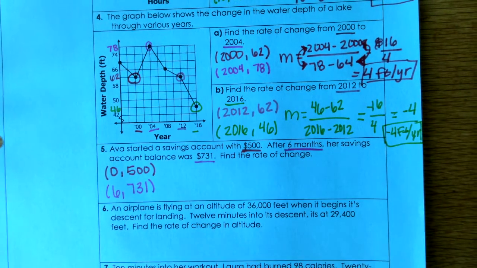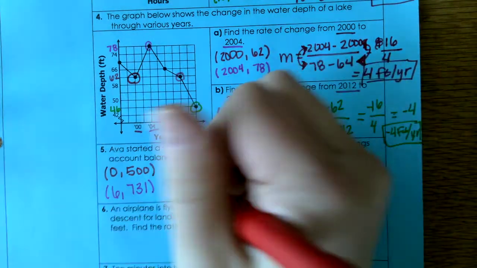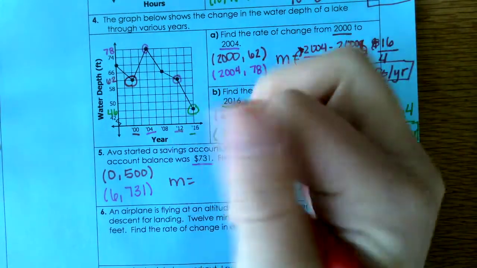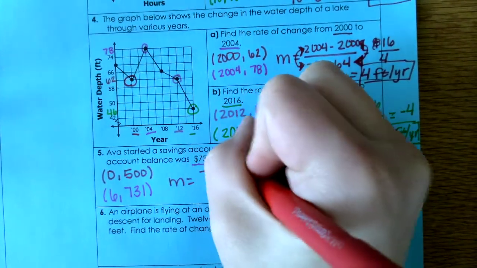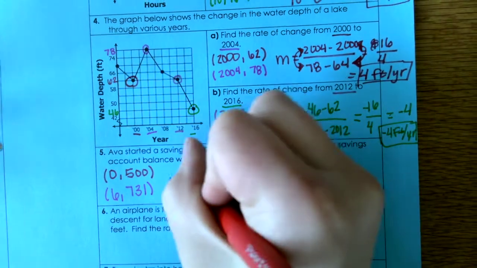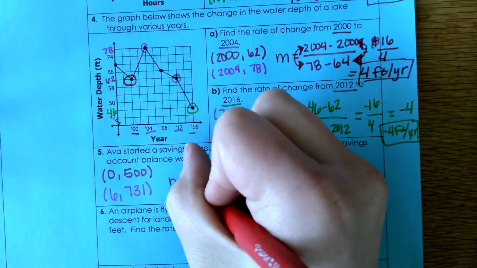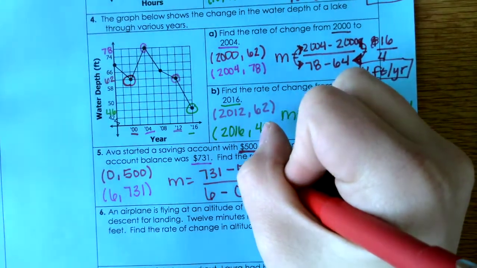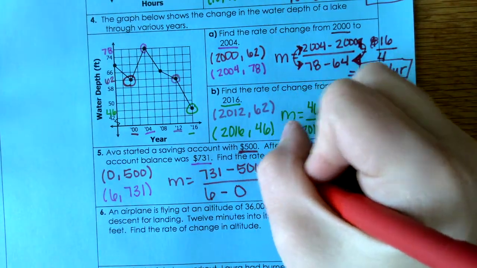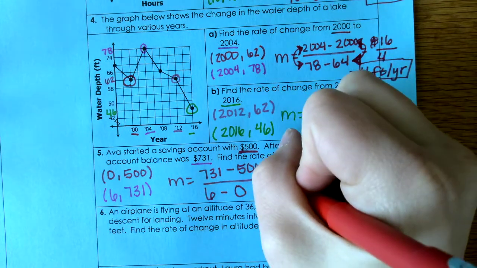Okay, so now I'm just going to find my slope. M equals y2, so 731 minus y1, which is 500, over x2, which is 6, minus 0. So I'm going to get 231 over 6.